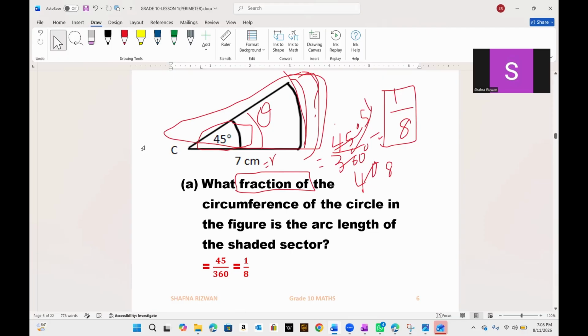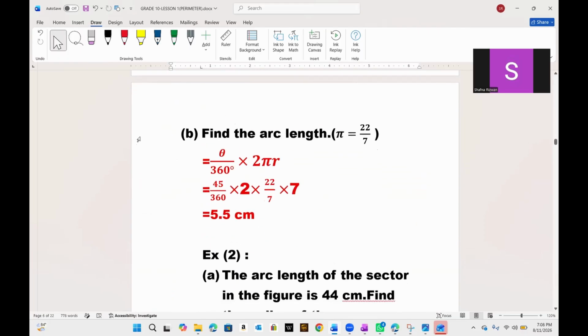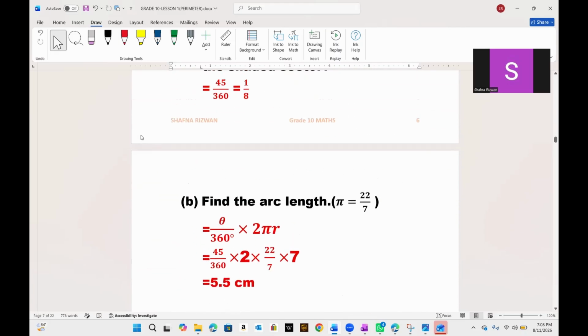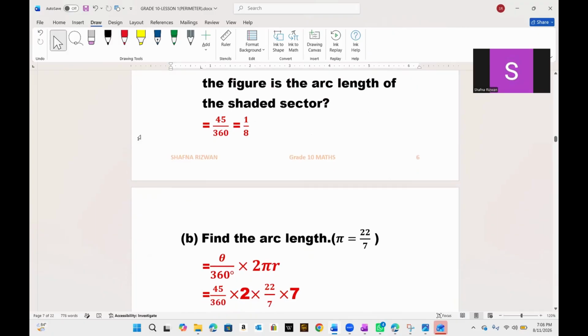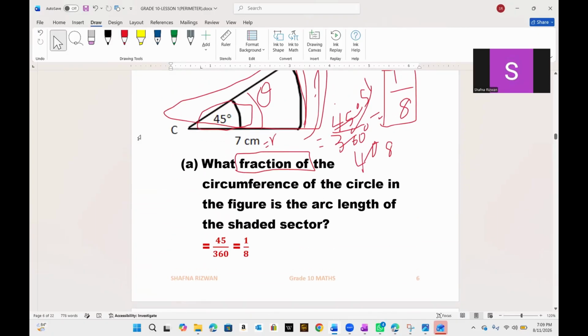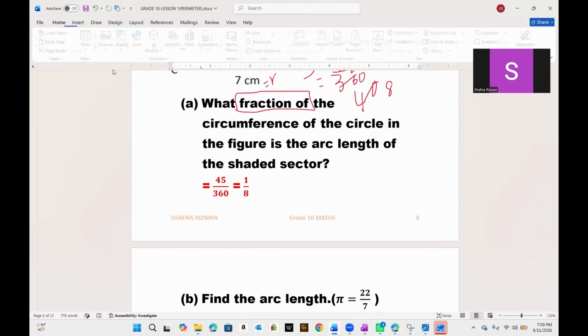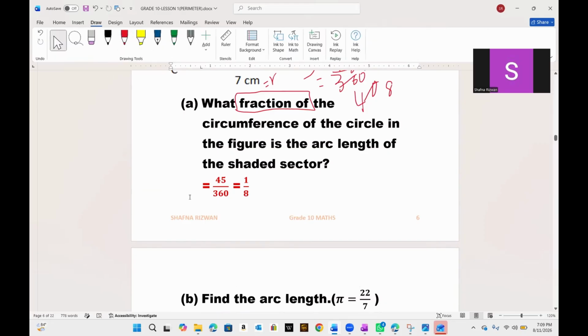You understood, right? Okay. Now they are asking you to find the arc length of the sector. How to find the arc length? What's the formula? Arc length, remember.